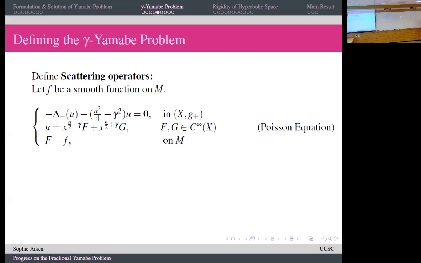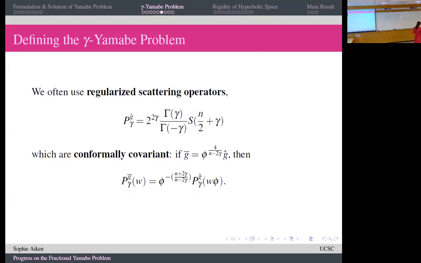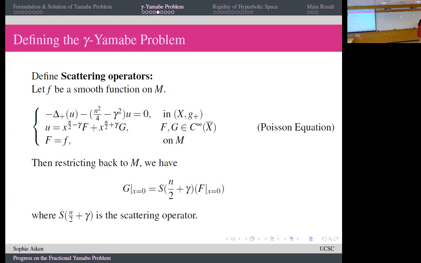So I have the negative Laplacian with respect to my g plus metric on the interior, and this boundary condition that capital F equals our given little f, and this capital F is showing up in the expansion of our solution U. Now if we look at the other half of the expansion, capital G, and restrict back to the boundary, that's equal to some operator acting on f restricted back to the boundary, which is really just little f.